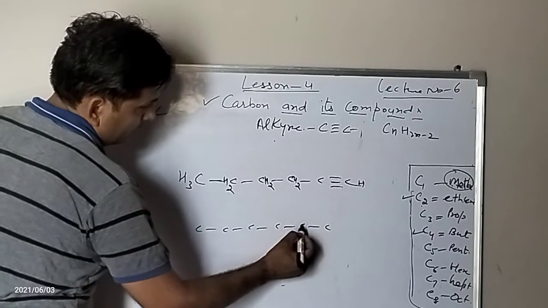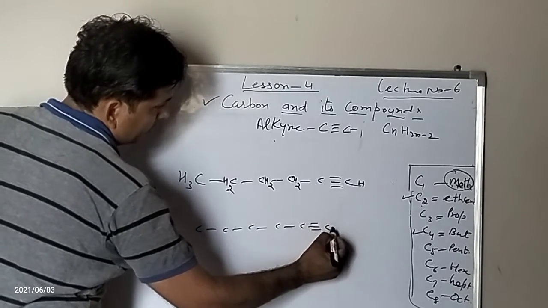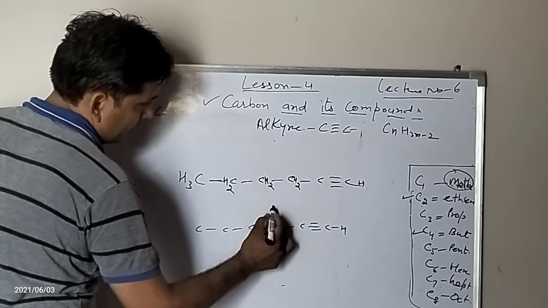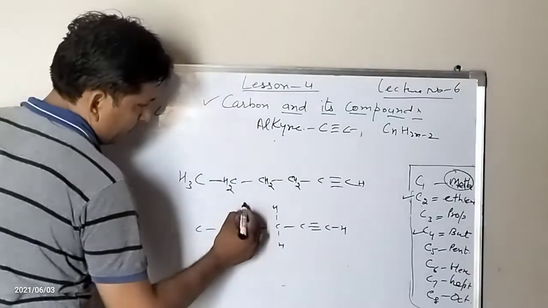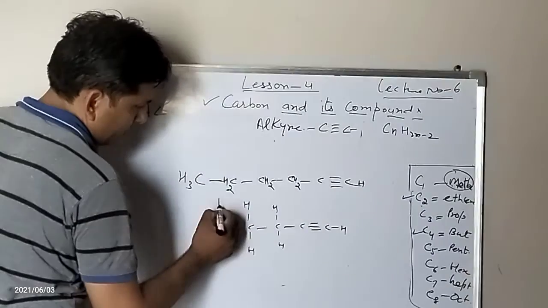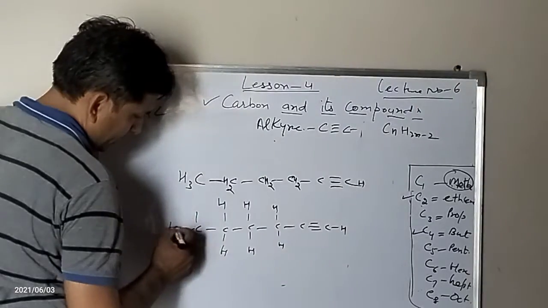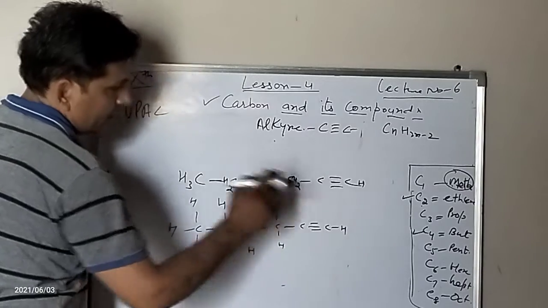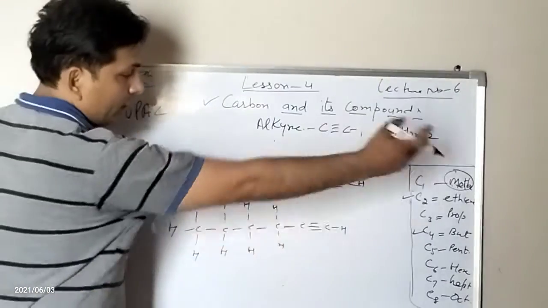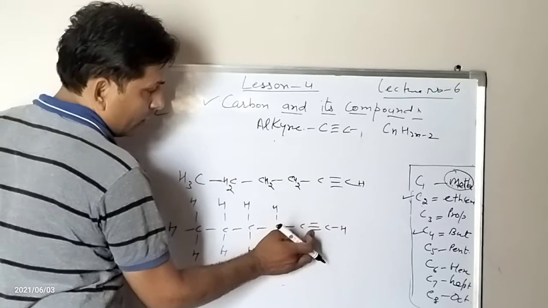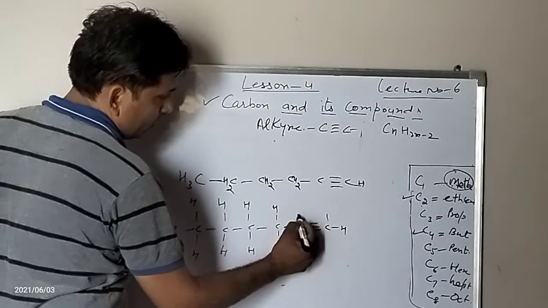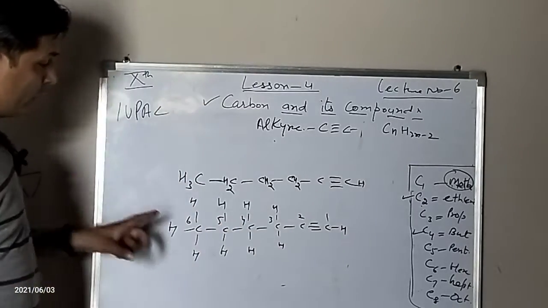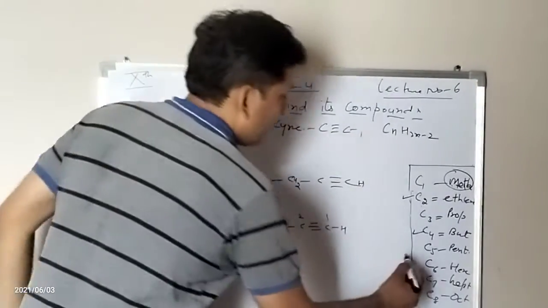1, 2, 3, 4, 5, 6. Triple bond is there, 1 hydrogen is there, then 2 hydrogens are there, 2 over here, 2 over here, and 3 over here. Start numbering from the side where the double or triple bond is closer. Here 1, 2, 3, 4, 5, 6. When the number of carbon atoms is 6, then you immediately come to hex.